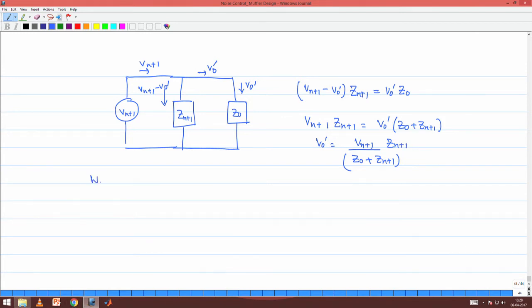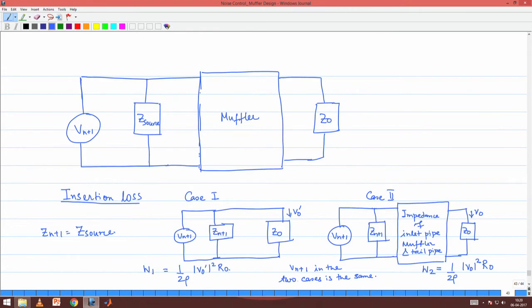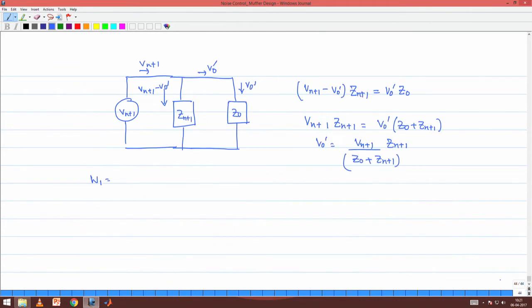So, therefore, W1, which was the sound power which is radiated in the situation where there is no muffler, no inlet pipe, no tailpipe, nothing of that sort. So, W1 was given as 1 by 2 rho |V0 prime|^2 R0, and V0 prime we wish to now write it as 1 by 2 rho |Vn plus 1|^2 divided by |Z0 plus Zn plus 1|^2 into |Zn plus 1|^2, into R0, yeah, into R0 I have missed out.